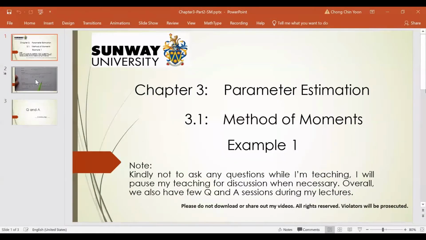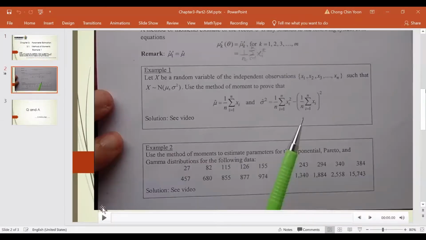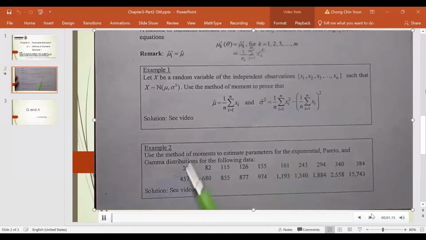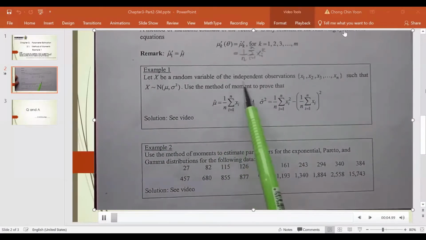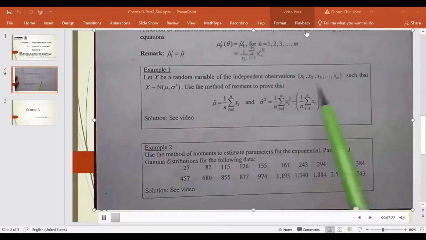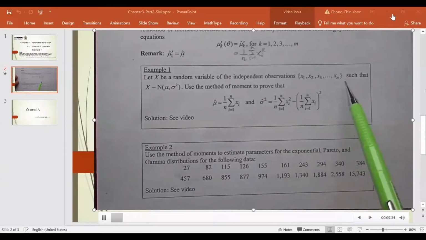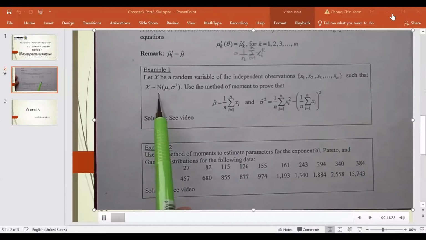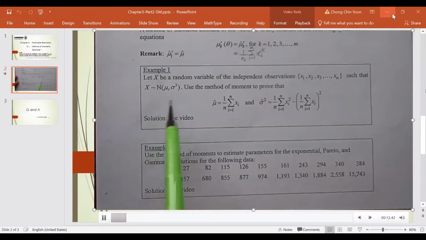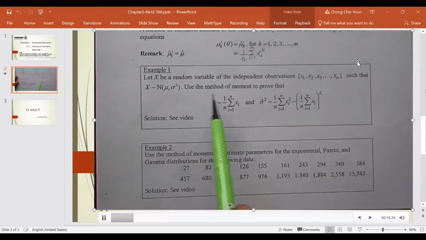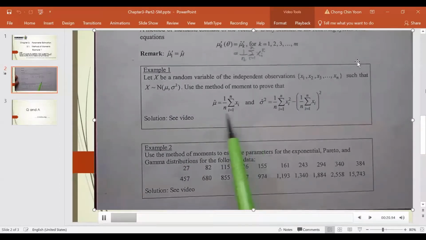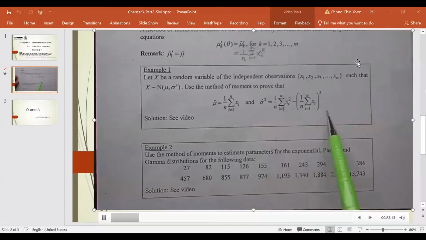So we go to example 1 now. Example 1. Let X be a random variable of the independent observations of these n data such that X is normally distributed with the parameters mu and sigma squared. Use the method of moments to prove that these two equations hold.